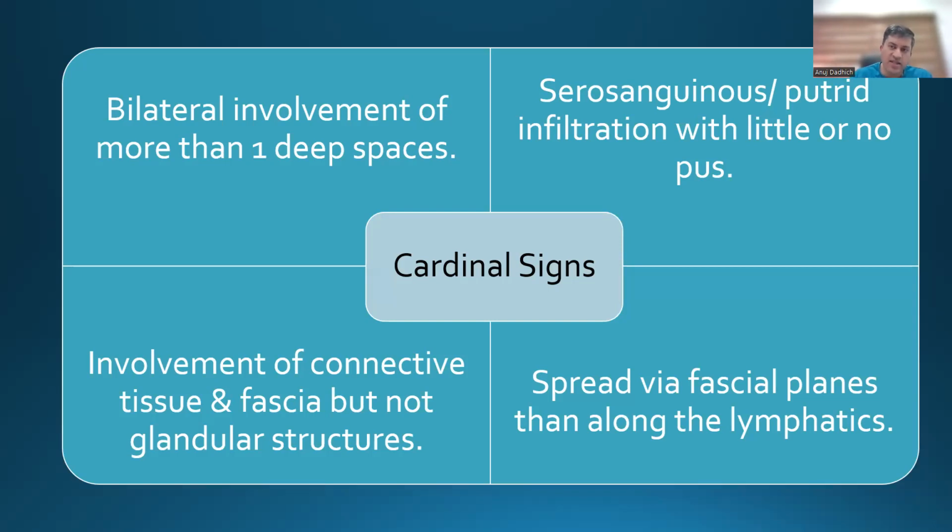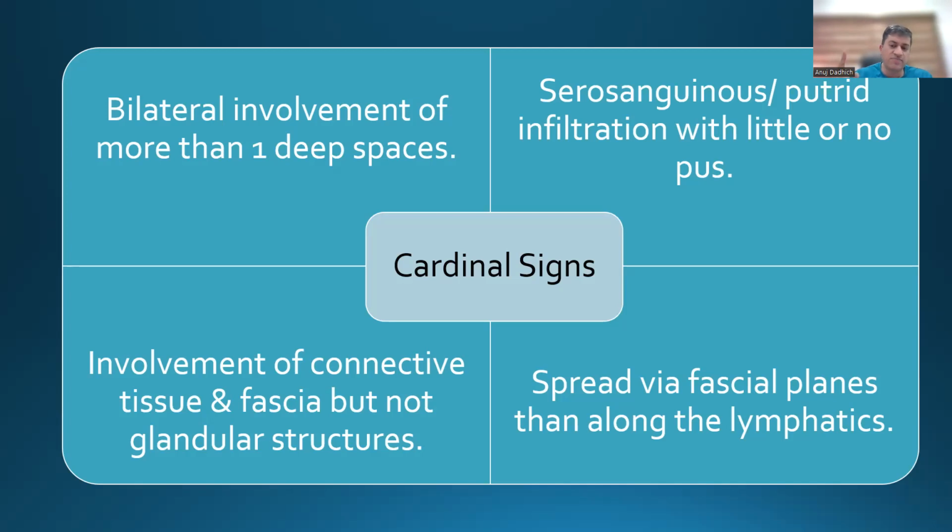When we drain it, there is serosanguinous or putrid infiltration with little or no pus. We've already discussed the difference between cellulitis and abscess, and we know that if we are draining an abscess, we will get pus discharge. If we are draining a cellulitis, it will be serosanguinous with little or no pus. And we also know that Ludwig's angina is cellulitis and it is not an abscess.